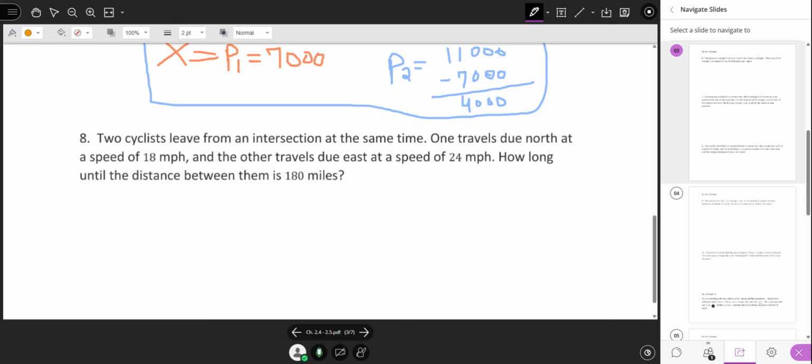Two cyclists leave from an intersection at the same time. One travels due north. So literally what you do is you draw a dot north at 18 miles an hour. In other words, 18x. The other is going east at 24 miles an hour. So 24x.